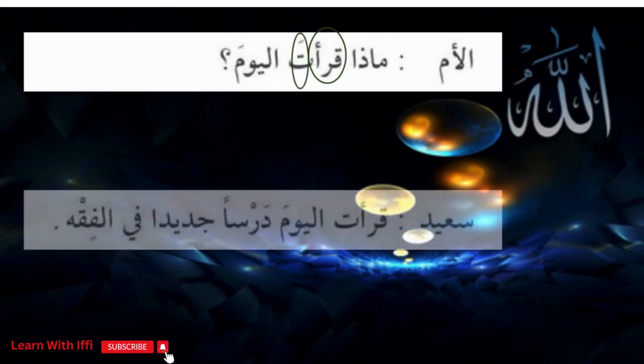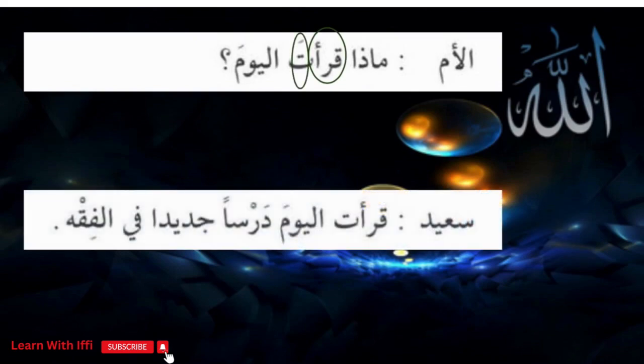That's our fa'il and fa'il. The Sayyid says, qara'tu. See, if it is qara'ta, we know it is, even if there is no vowel sound, we know this is qara'tu. Qara'tu al-yawma darsan. So just understand here. We have fa'il and fa'il. So darsan is a type of tamiz because it gives more information. I read today. What did you read today? Darsan.